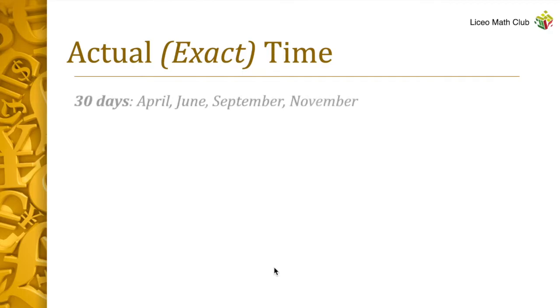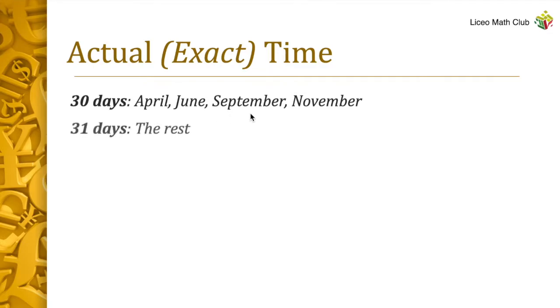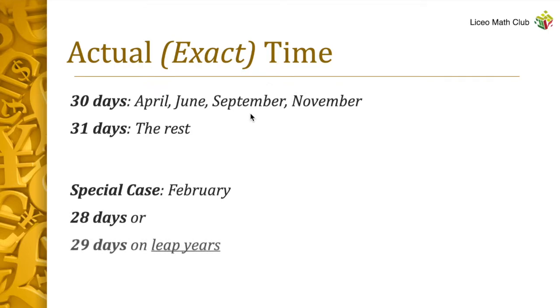Take note that there are 4 months with 30 days: April, June, September, November, chronologically. The rest have 31 days, except for one special case, February, which has 28 days, except in leap years when it has 29 days.